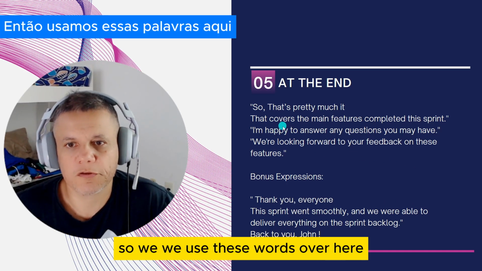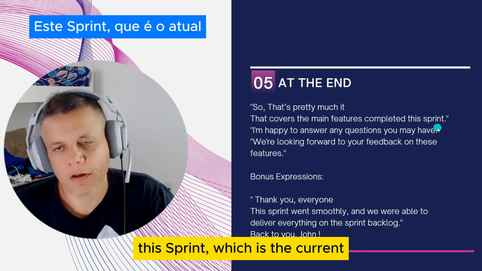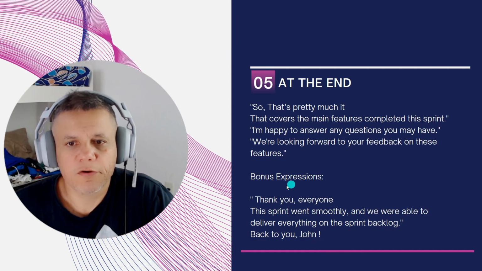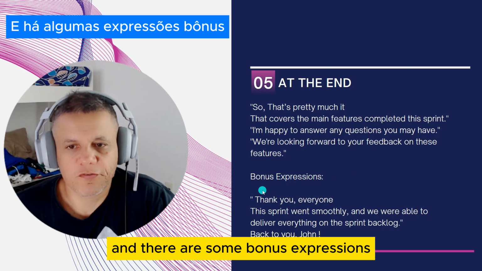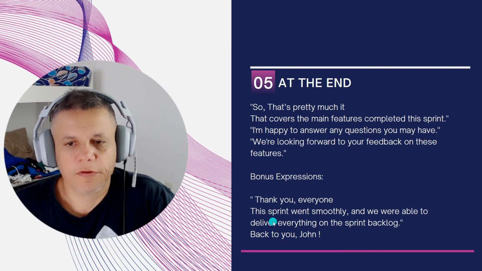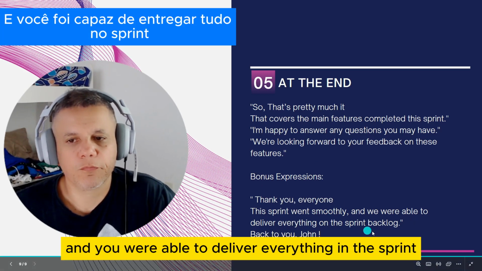So we use these words over here, "covers the main features completed this sprint," which is the current sprint that you are ending now. And there are some bonus expressions, like you can say, "Thank you everyone. This sprint went smoothly and we were able to deliver everything in the sprint backlog."